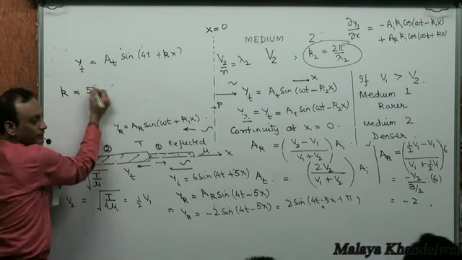K for the transmitted medium is going to be 2 pi divided by lambda in the transmitted medium.